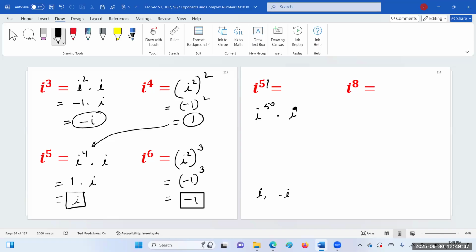So which one will we get from i to the 50? Let's see. How many i squared do you have in i to the 50? 25 of them. That means you have -1 how many times? 25 times. What's the answer? So you get -1 from the 50 power and i from the single i. So what is our final answer? -i.